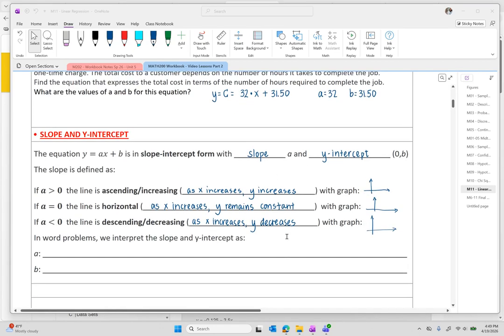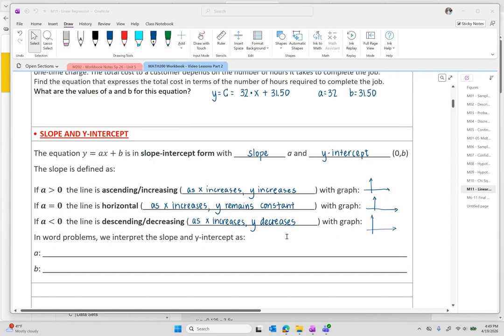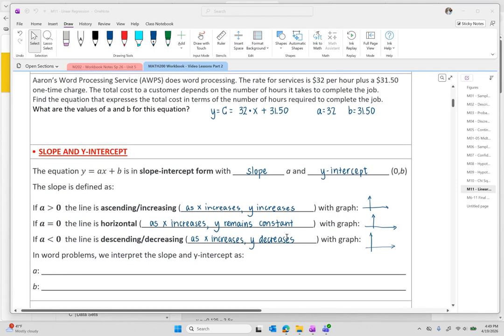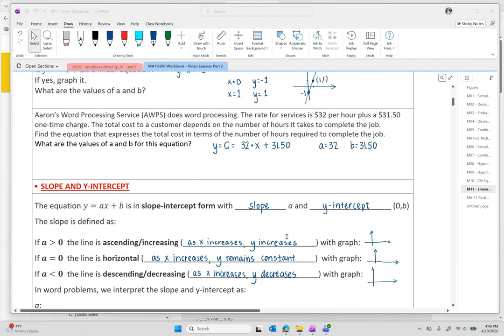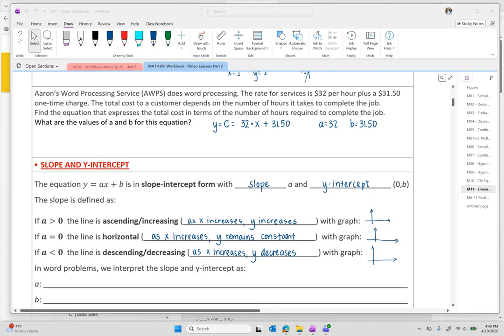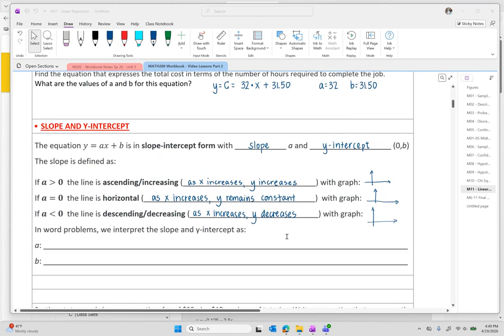The equation y equals ax plus b is called the slope-intercept form. It has a slope of a and a y-intercept at (0, b). Remember that (0, b) is a point on the y-axis, and that's why it's called the y-intercept. The slope is, by definition, the change in y over the change in x.